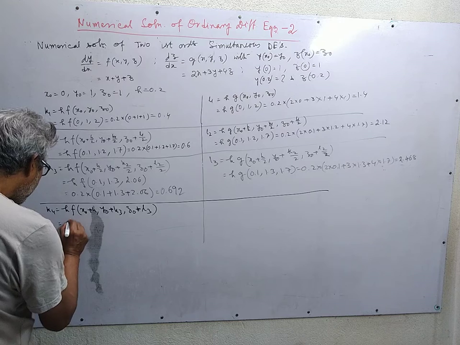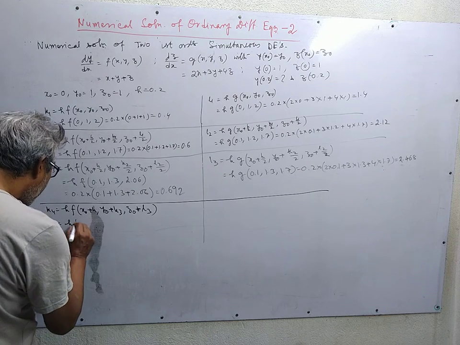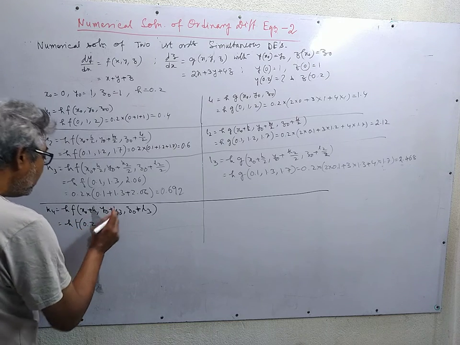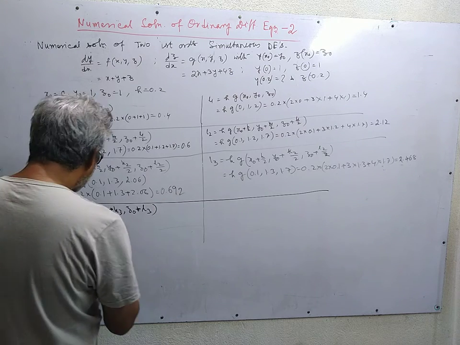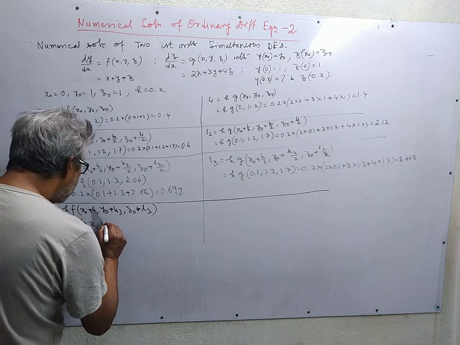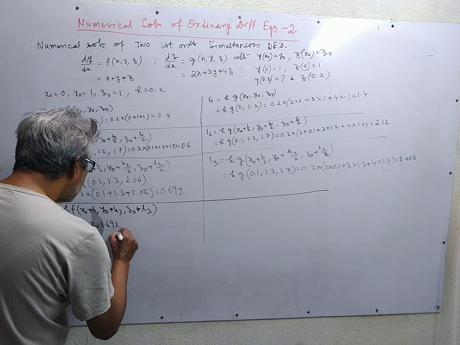So this is h, this is f of 0.2, y0 is 1 and k3 is this much, so this is 1.692.